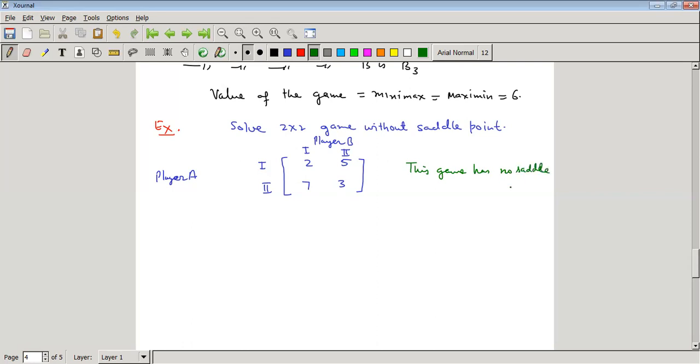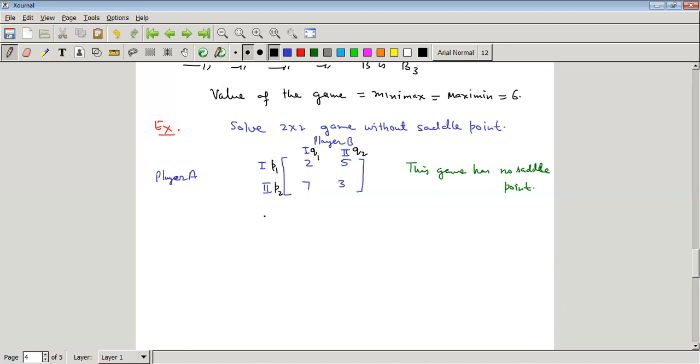So how can we find the value of the game? Again, if player A plays the first strategy with probability P1 and the second with P2, and player B plays the first strategy with Q1 and the second with Q2.